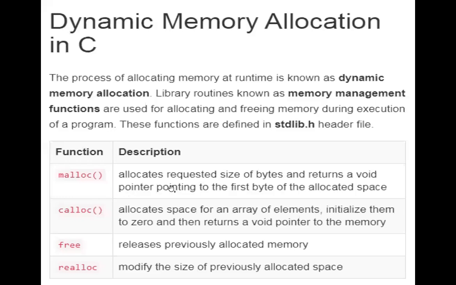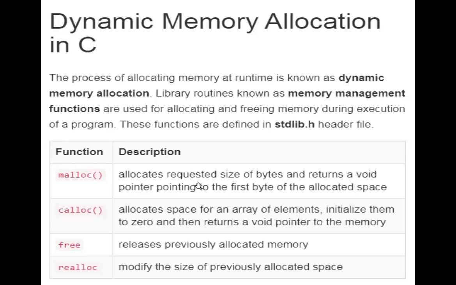So malloc, we are going to allocate the memory for a requested size of bytes. If I want 100 bytes of memory in my program, I'm going to say malloc of 100. It will assign 100 bytes of memory, and if there are no 100 bytes of memory in your computer, it will return a void pointer.